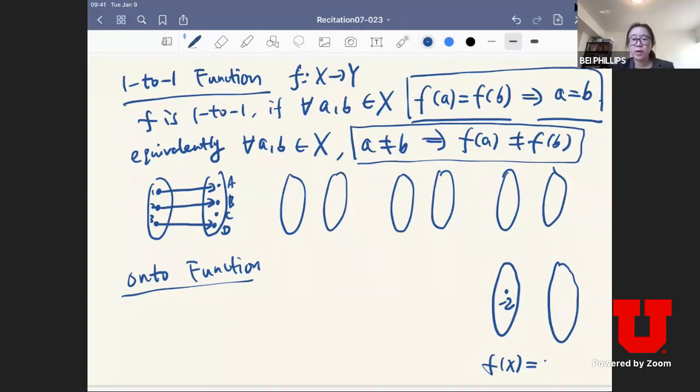So what is the question? Let's see, f of a would be 4. I see. Okay, so you're giving me a specific thing. Is your domain just those two numbers, or is your domain all real numbers?